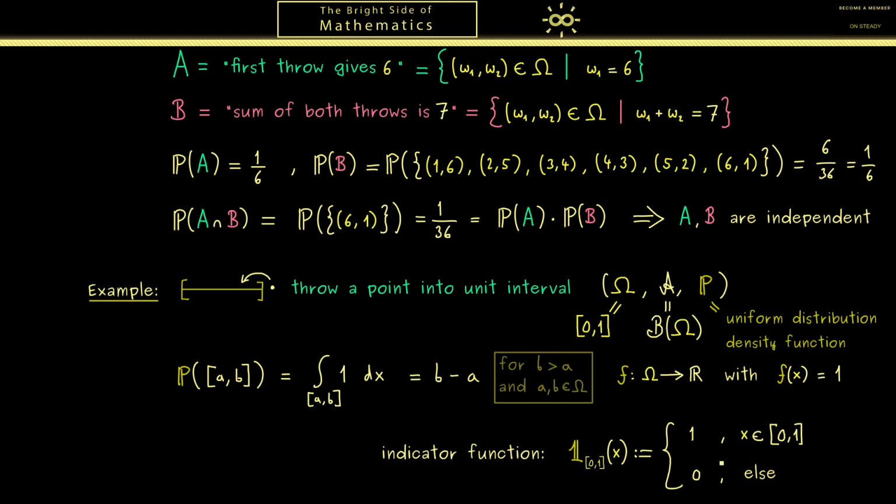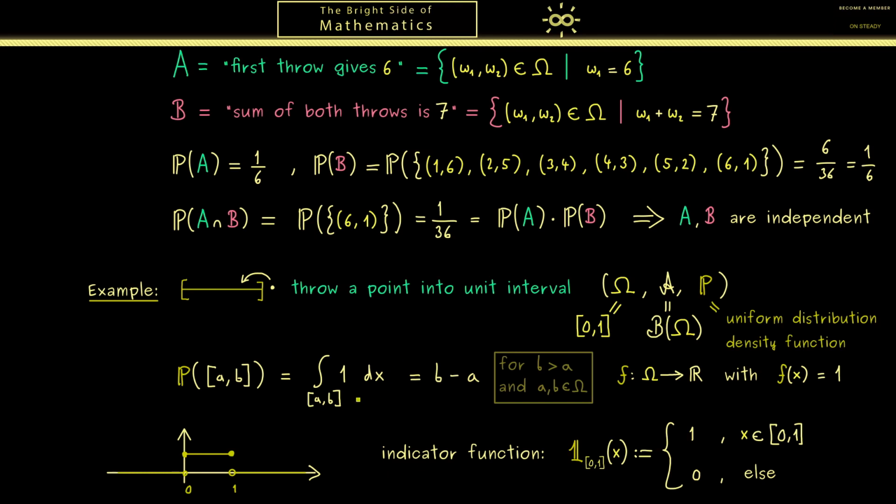And the important thing is, for all elements in this set here, so the unit interval, we are at 1. And otherwise we get out 0. Now in the case that the function is defined on the whole real number line, the graph looks like this. So we have one jump at 0 and one at 1. So you see, taking this as a density function, the sample space R would also work.